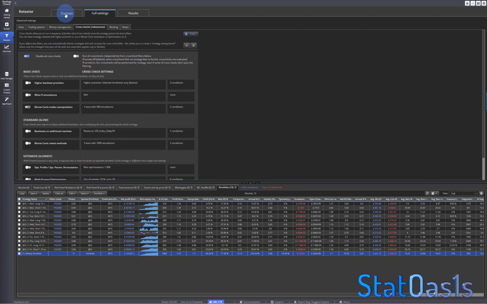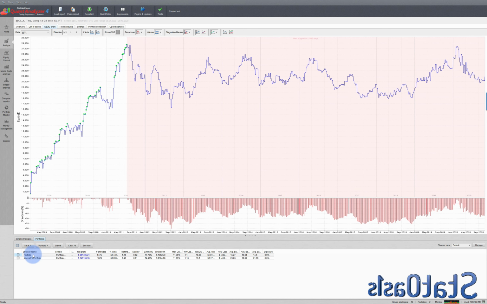I brought all the systems here, and you can see that. So this is system 1. So anyway, now when I combine all this into a portfolio, I get this portfolio.